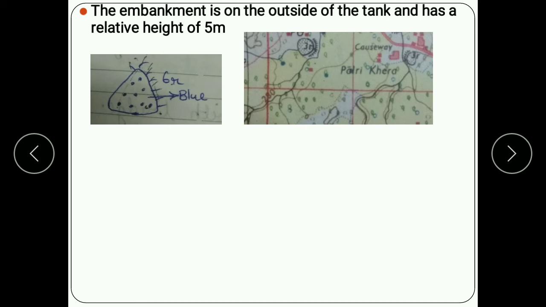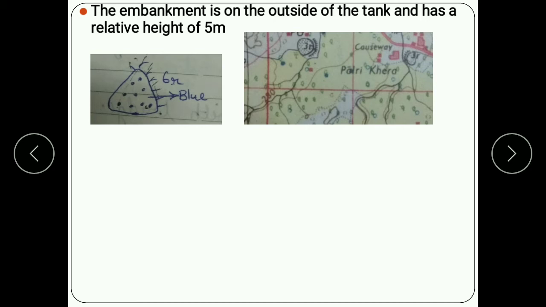So the embankment is on the outside of the tank and has a relative height of 5 meters. If 6r is given and that is a dry tank, you will not consider its relative depth because water is not available inside it. In the case of a dry tank, the embankment is there but there is no water, so we will consider its height.